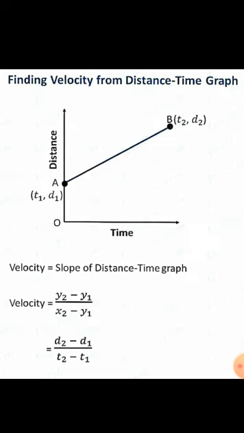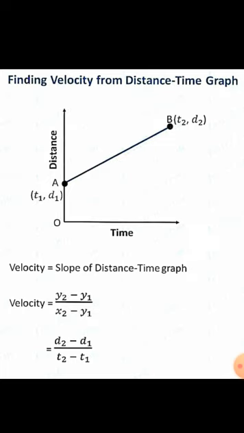We already have learned that speed is given by the slope of the graph. Actually, slope is nothing but the inclination of the graph with the x-axis. Inclination means the angle made by the graph with the x-axis.